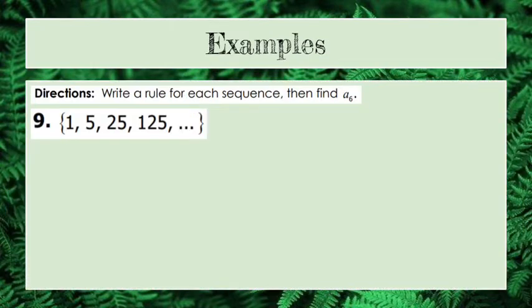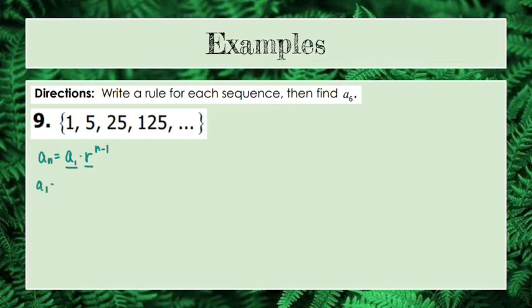The directions on these examples say to write a rule for each sequence, then find A6. So what we're going to do is rewrite the formula first. Our formula is A sub n equals A1 times r to the n minus 1 power. So we need to find A1 and r because A sub n and n are supposed to stay in our formula.